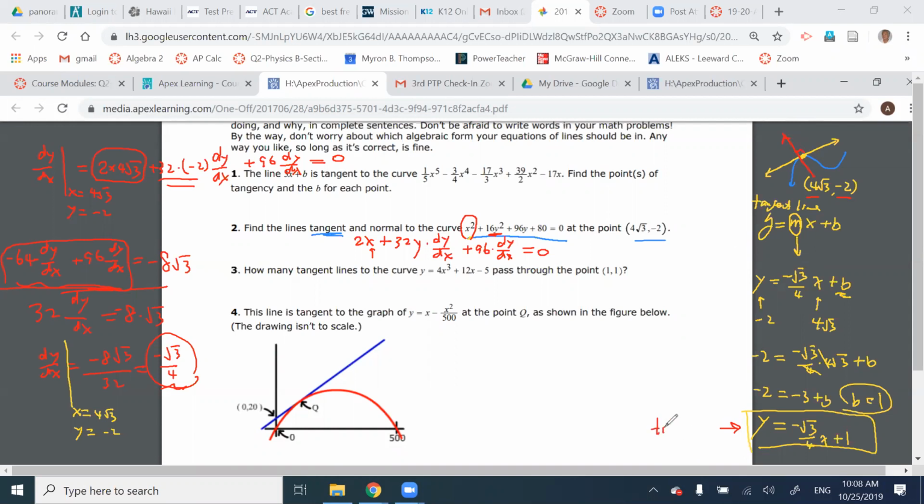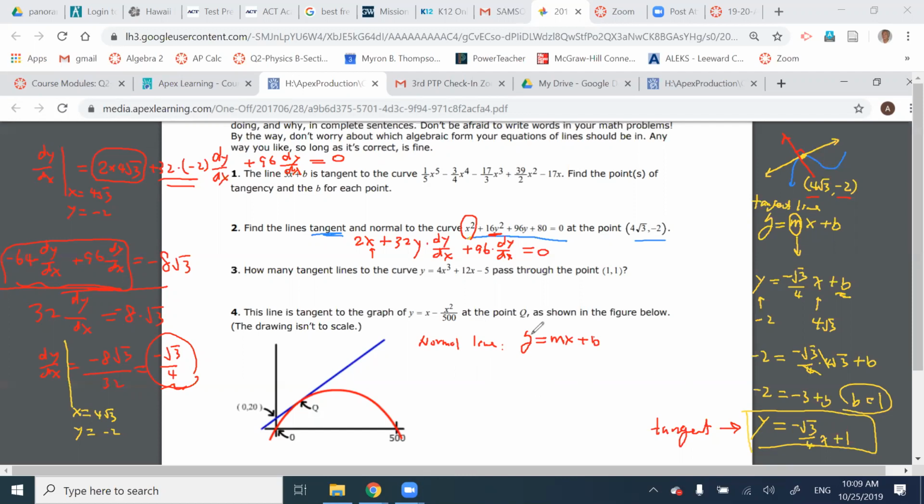We already know this is a tangent. Now the normal line. How do you find the normal line? The normal line is a line, right? So we still have y equals mx plus b, but different m, different b.